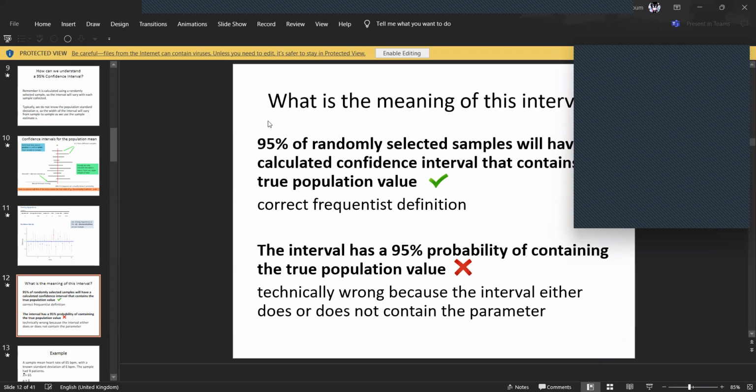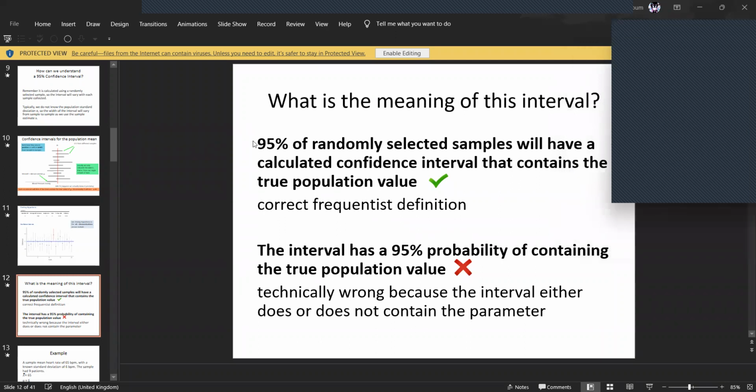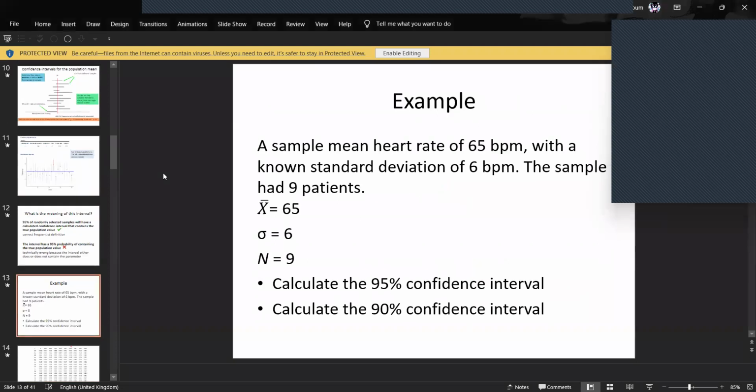Or you could say that 95% of samples do contain the actual true population mean, right? For this, there's really not much to say. It's just differing opinions. If you want to memorize the first one, that's completely fine, and it's up to you.